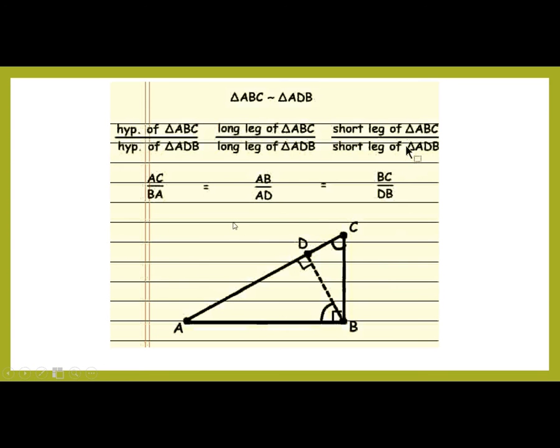You can also set up their sides. You can look for the hypotenuse of the two triangles, the long leg and the short leg, and you just look at each triangle individually and figure out where's the hypotenuse, where's the long leg, where's the short leg, and you can compare that to the big triangle, because all three of those triangles are going to be similar.